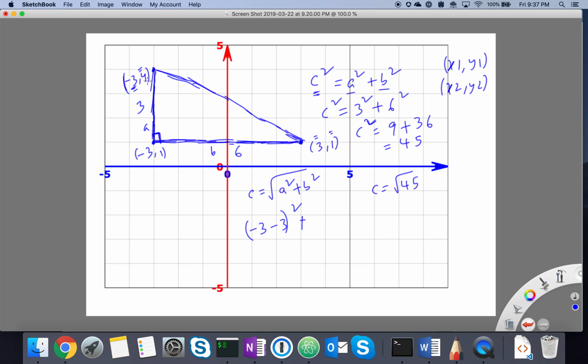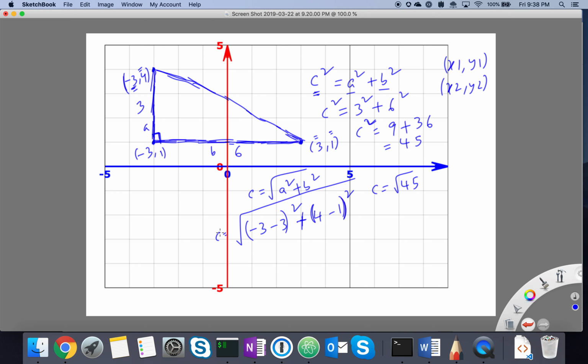The y coordinate here is 4 and here is 1, so 4 minus 1 gives you the second leg of the right triangle. So 4 minus 1 whole square, and your c is nothing but the square root of the difference between x square plus the difference between y square.